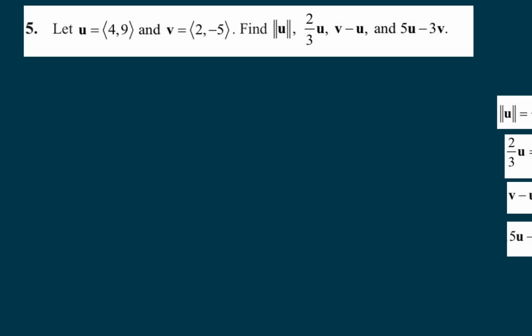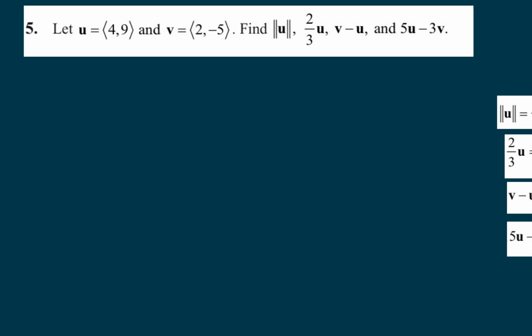This next problem says we have the vector u, 4i plus 9j. 4 units in the positive x direction, and 9 units going up in the positive y direction.